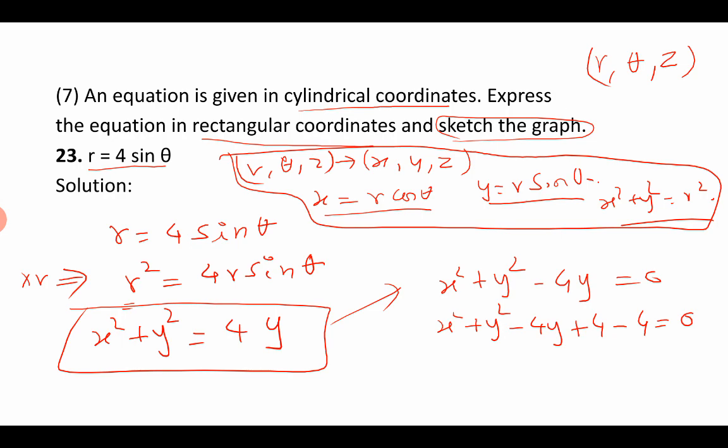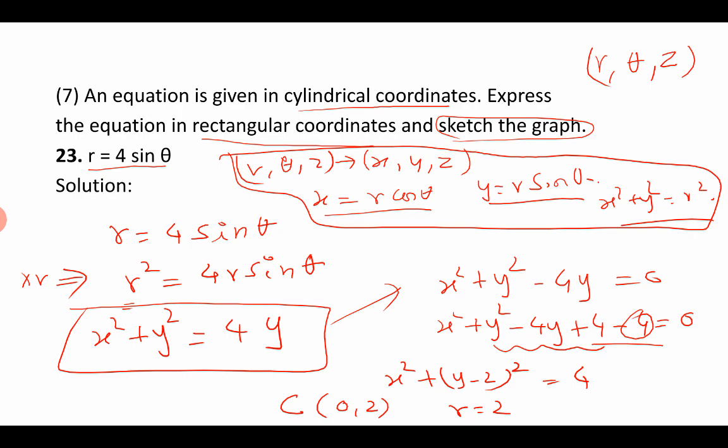We add and subtract a constant to get a perfect square of these terms. So this is x square plus y minus 2 whole square, and this negative 4 on the right side will be positive 4. Now this is a circle whose center is 0, 2 and radius is 2.